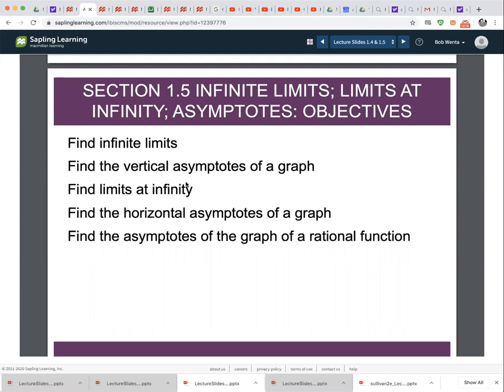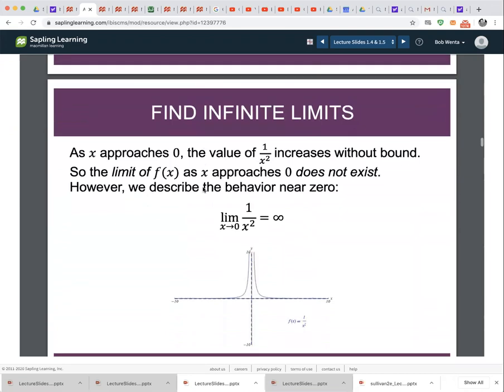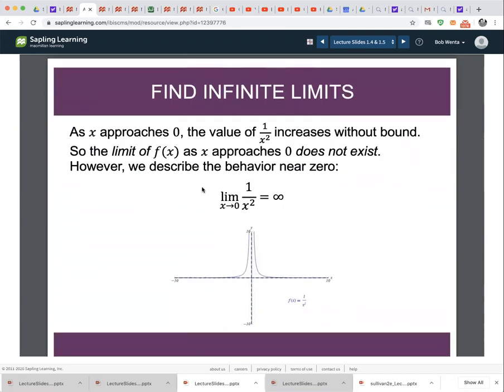All right, so here are the key situations we're talking about. Find infinite limits. We've got a function as x approaches 0, the value of 1 over x squared. We've got x in the denominator, constant on top. As you get closer and closer to 0, the denominator gets smaller and smaller.